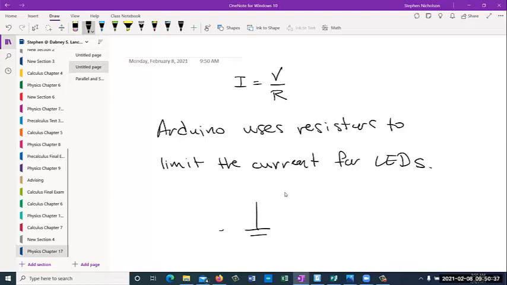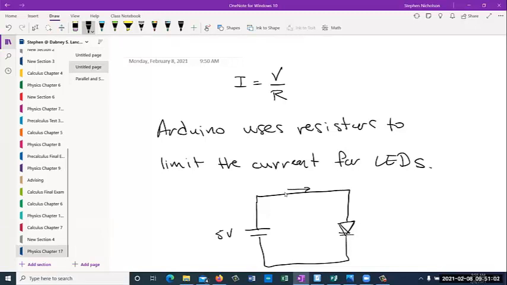You've got 5 volts, and let's say you just put an LED in without anything else. It looks kind of like this, and it goes around like that. If we were to put an LED in, which actually has fairly low resistance, you would get too much current flowing through here, which has two results. One is it could burn the LED out.